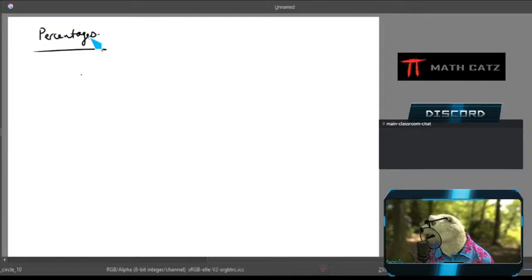Percentages. Now, people see percentages in a variety of ways that I can't always predict, but it's really quite simple. I can have many different fractions, many kinds of fractions and proportions, because the denominator can be so many different things.